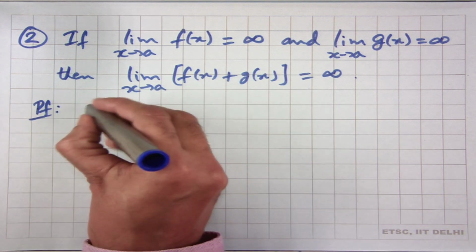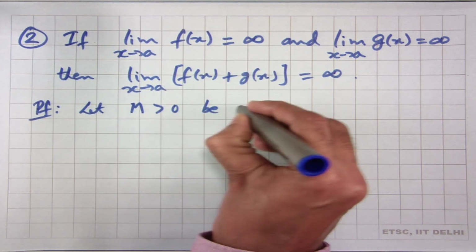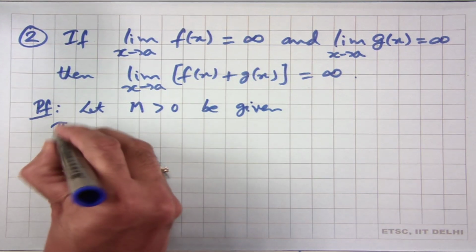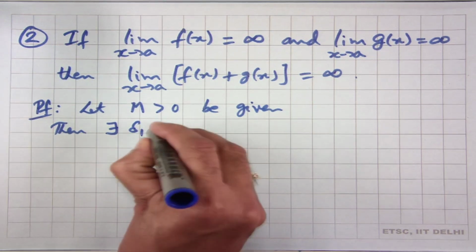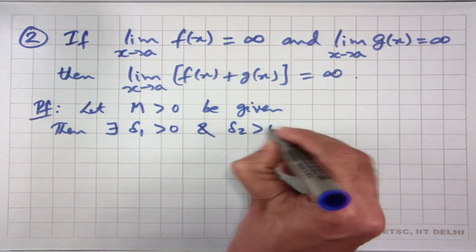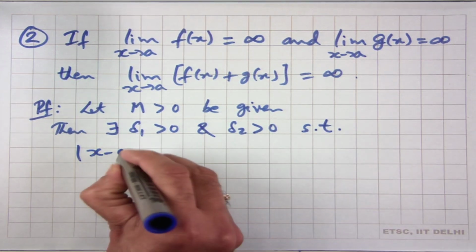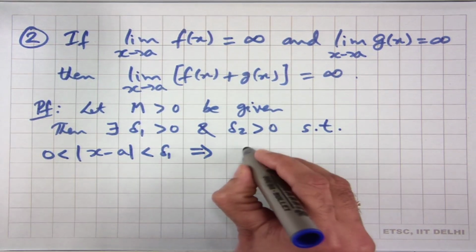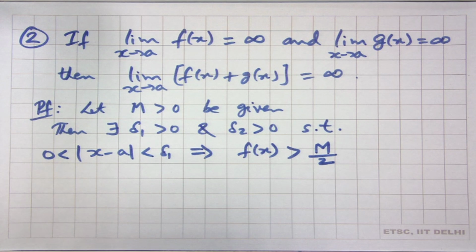Again the proof is: let m greater than 0 be given. Then there exists delta 1 greater than 0 and delta 2 greater than 0 such that mod x minus a less than delta 1 and greater than 0 implies f of x is greater than, let me choose half of m, m by 2.